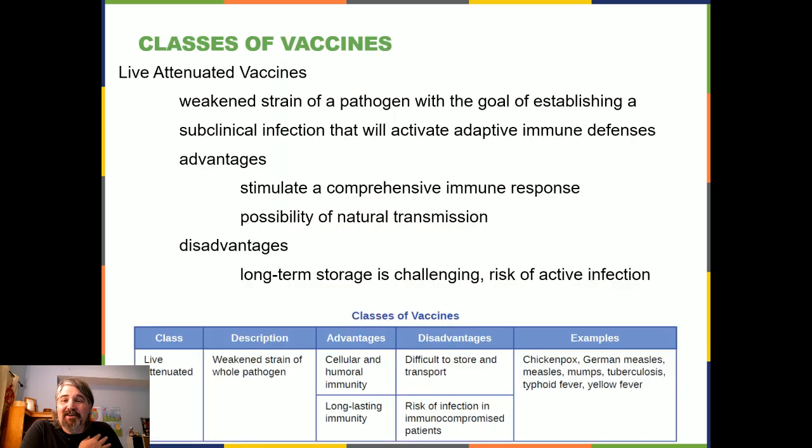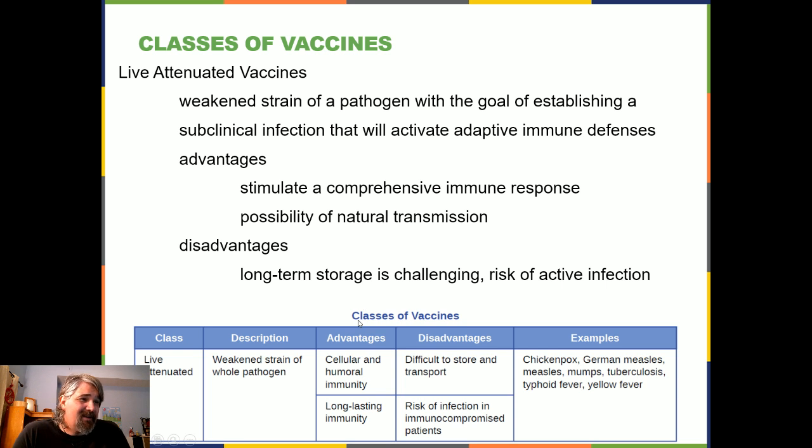All right, classes of vaccines. We have our live attenuated vaccines. These are a weakened strain of the pathogen with the goal of establishing a subclinical infection that will activate an adaptive immune response. The advantages: it stimulates a comprehensive immune response, and the possibility of natural transmission is actually an advantage. But the whole shedding thing is overblown. The low amounts of attenuated virus they found with one vaccine mainly was only found in the stool, and it was very low.